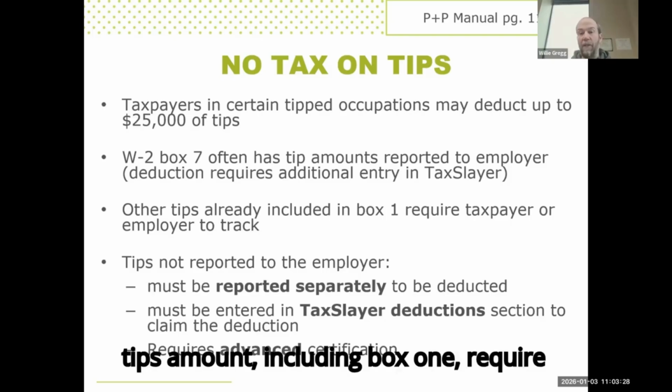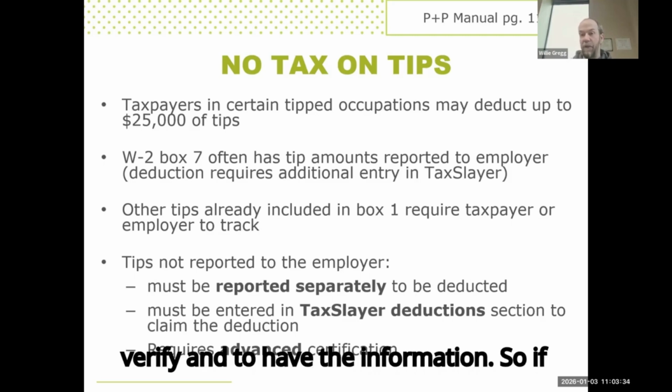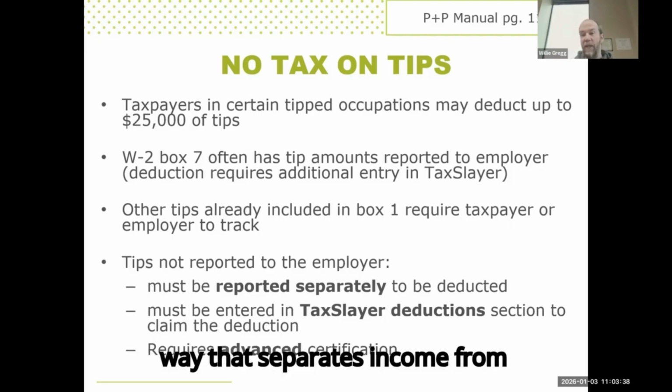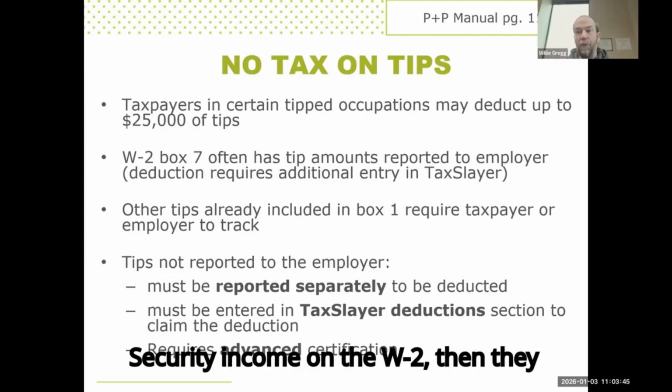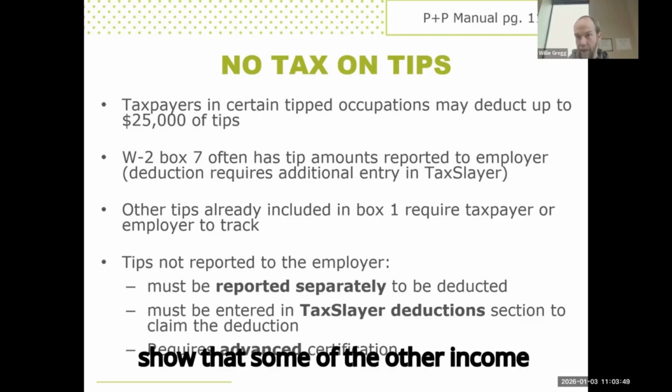Other tips amounts included in Box 1 require taxpayer or employer to track and to verify and to have the information. So if somebody is not doing the accounting in a way that separates tip income on the W-2, then they need to have documentation and a way to show that some amount of their income was tips.